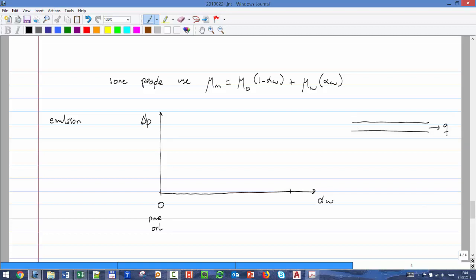And if it's water, you have 1, pure water. Okay. So if you start to change, initially here you get the loss for pure oil, okay, and here you get the loss of pure water, which will be lower. Okay? But if you start to change in a continuous way from 0 to 1, you see that the delta P has a very strange behavior. Okay? Has a peak. And this peak we call the inversion point.